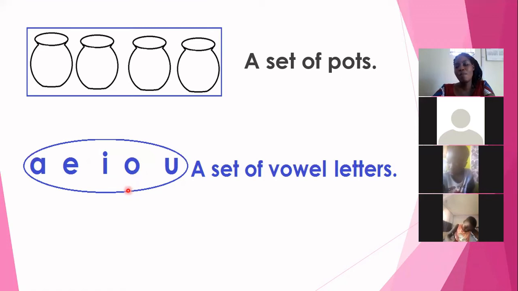So we have their members, my pupils. We have the letters. We have A, E, I, O, and U.